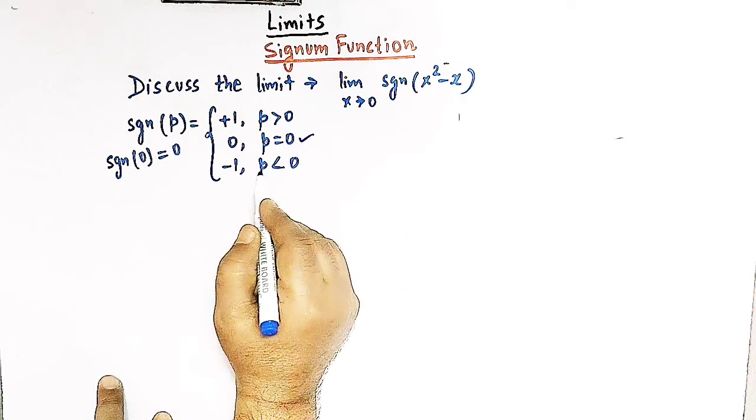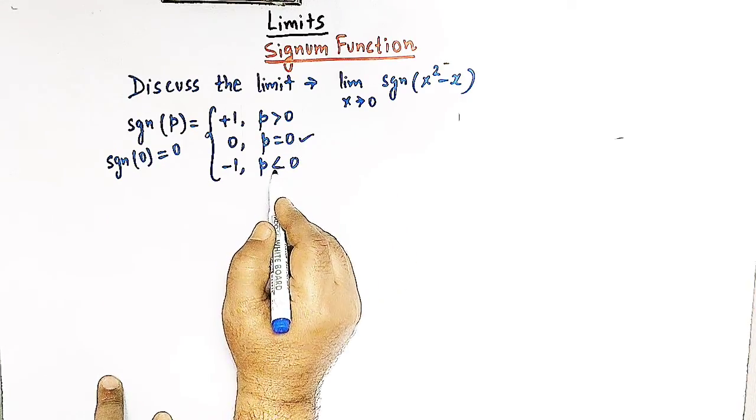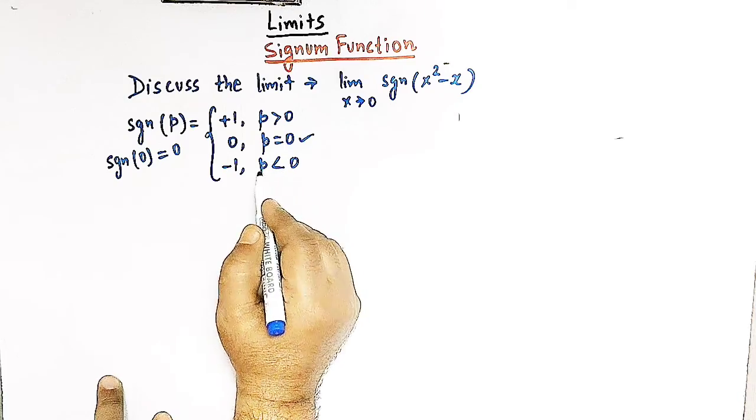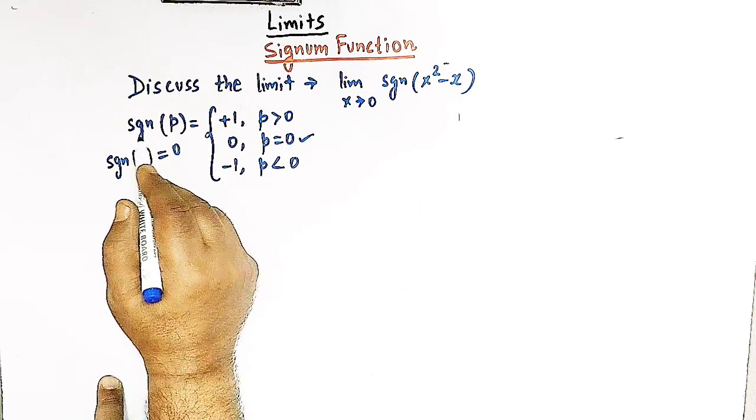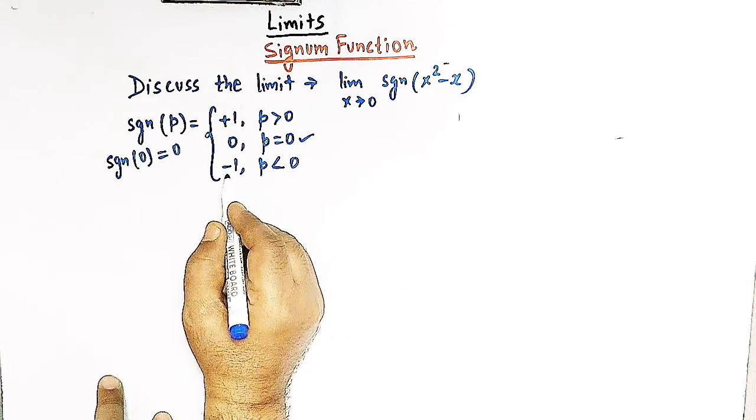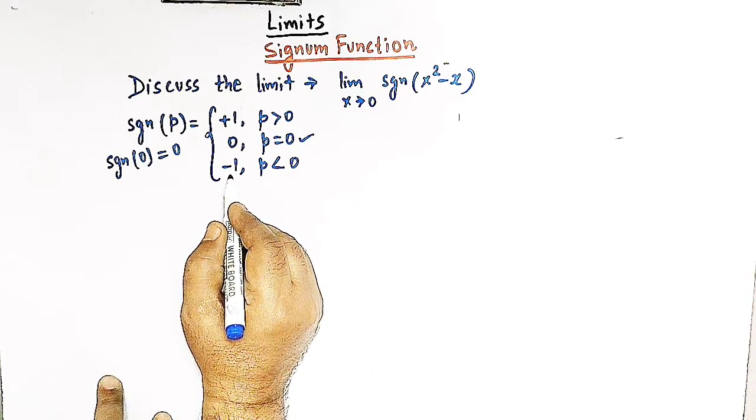And when all the values of p are less than 0, that is, all the values of p which are negative, then signum of p is equal to minus 1.